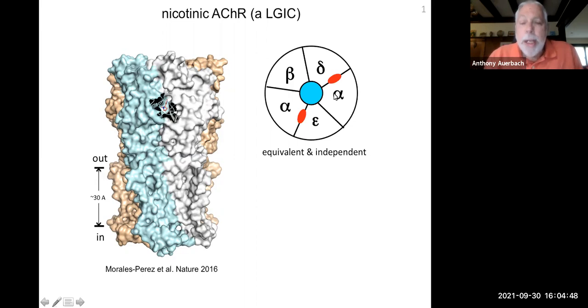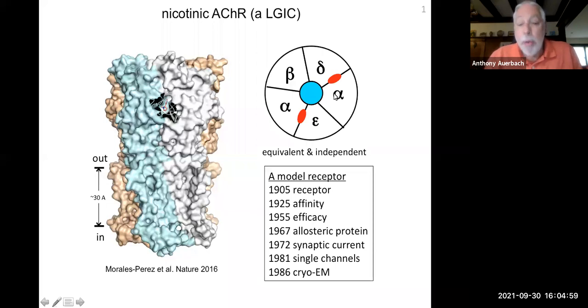we're not going to be interested in the physiology so much. We're going to be interested in the ACH receptor as a model system, as a model receptor for understanding receptor theory. And it has been a magnificent model receptor. Starting back in 1905, it's the first receptor to which the word receptor was given. It was actually coined by Langley in 1905.